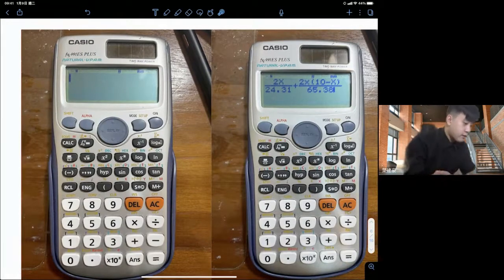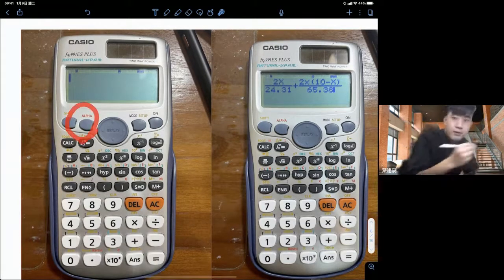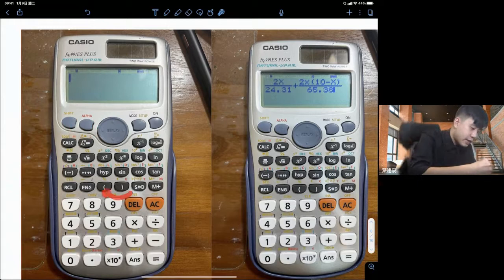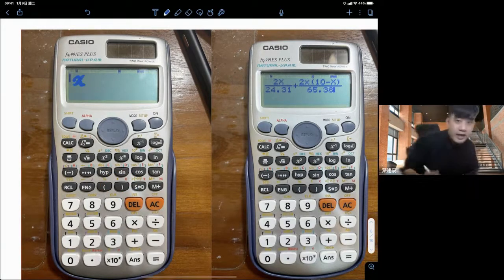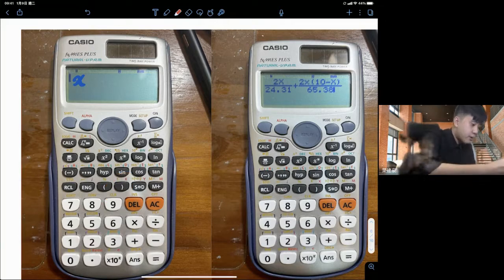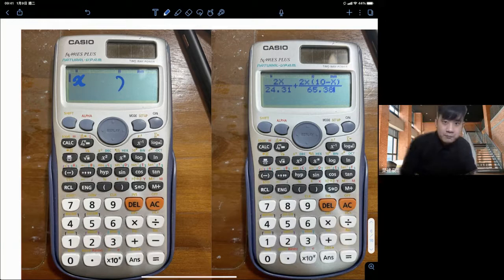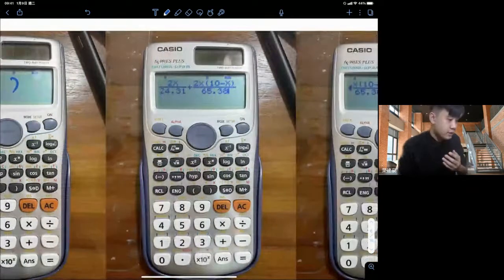And first of all, you have to know that when you select alpha, and then you press this X, then it will appear an X on this. But if you just press this button without pressing alpha, it will appear like this. Okay, if you know about these rules, then you can start to type your equation inside your calculator.